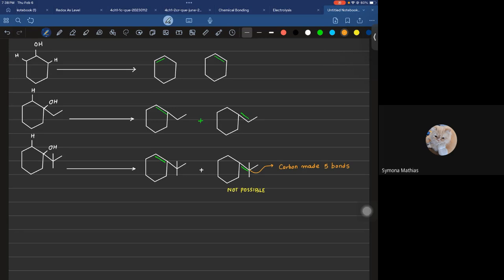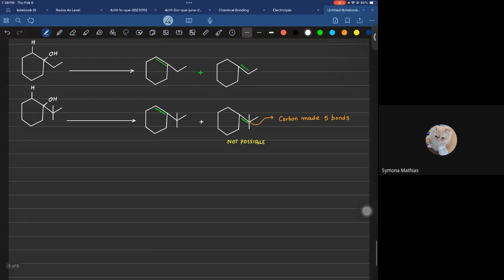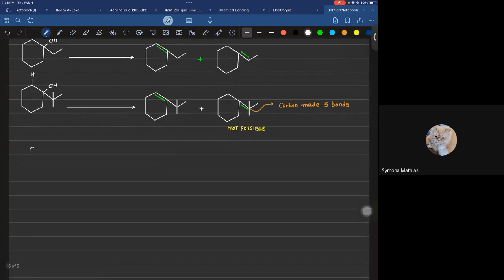And also let's suppose I'm going to give you this structure. See this, this is the structure. CH3, CH3, CH3, and on this carbon atom you have OH, and the two hydrogen atoms are here, and you need to dehydrate this alcohol.